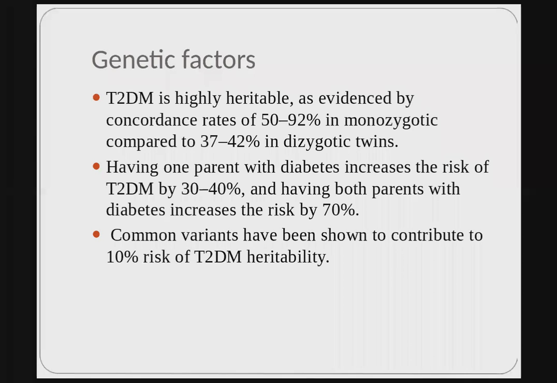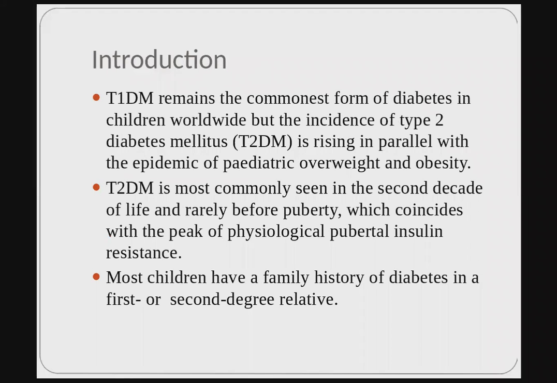And it's important to note that there is a discord in what is found in the developed nations and what is seen in the developing nation, such that type 2 diabetes mellitus is seen in the lower socioeconomic status in the developed nations, while in the developing nation it is seen in the upper socioeconomic status. Means in developing nations like ours, like maybe in India, in Nigeria, Africa, type 2 diabetes mellitus is seen more in those that are the affluent.